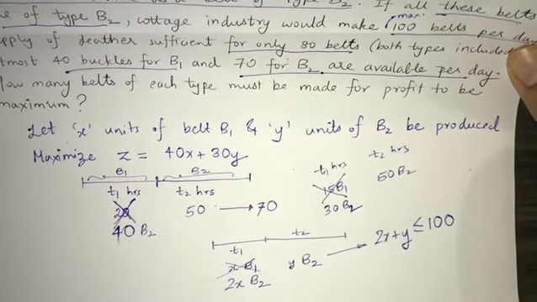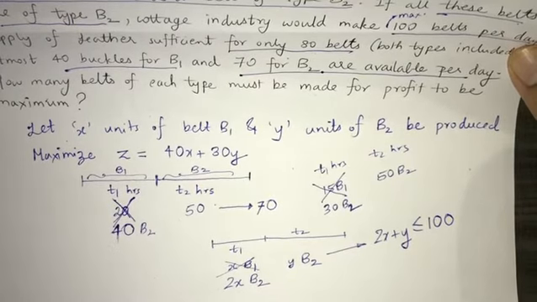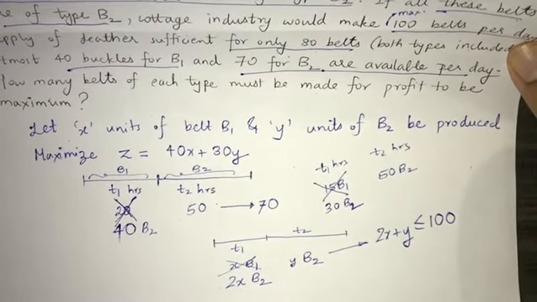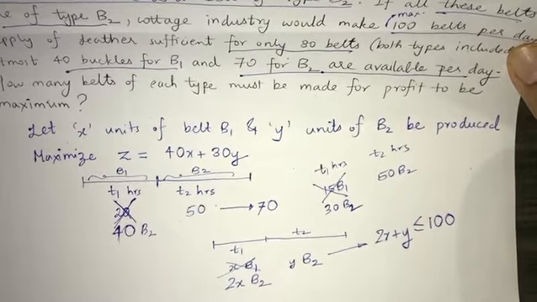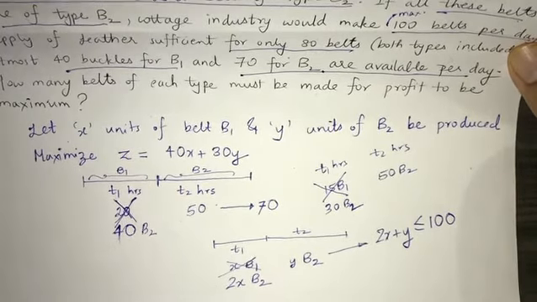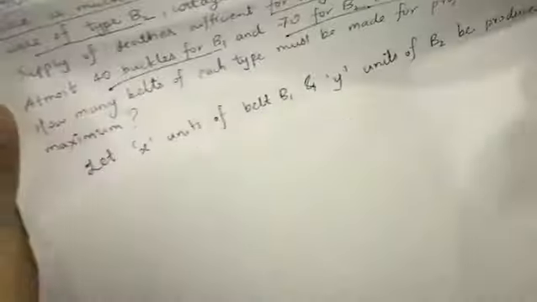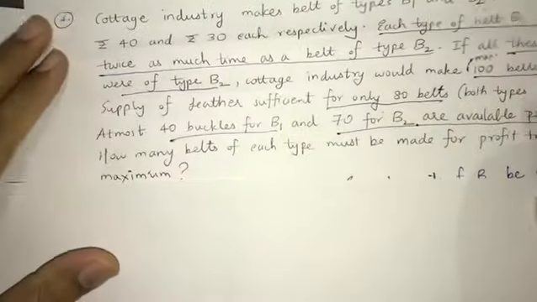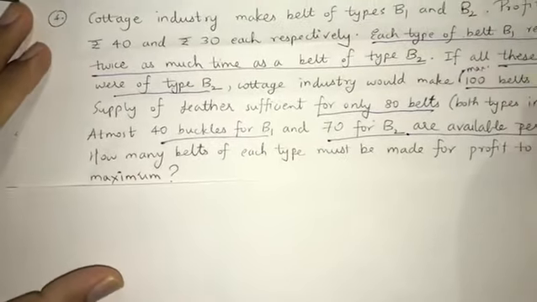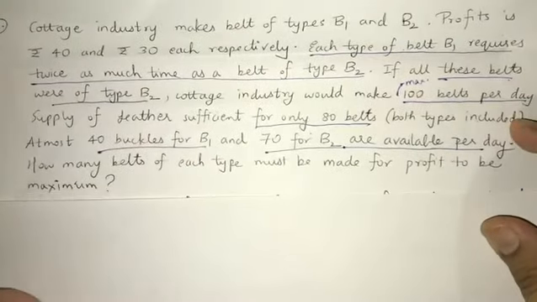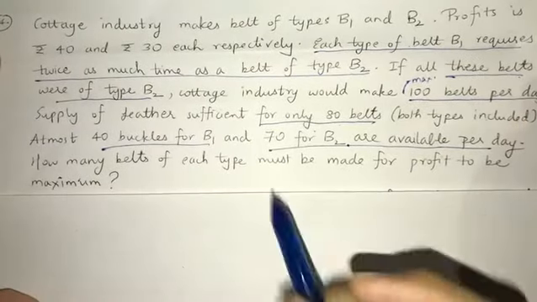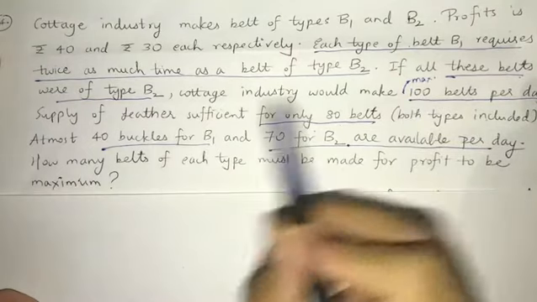So 2x plus y, still max to max we can make 100. Okay, now the remaining constraints are pretty straightforward. Let us solve those, it will be very easy. So this is done, our 100 belts per day.